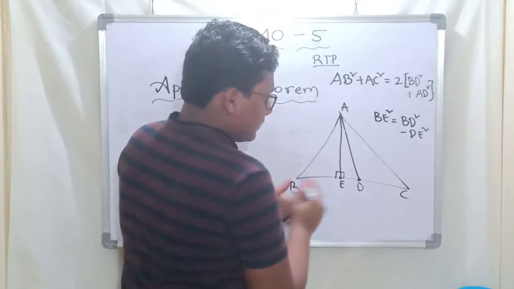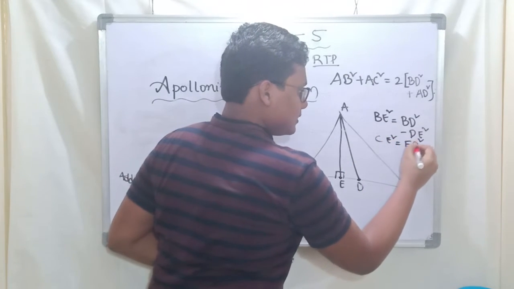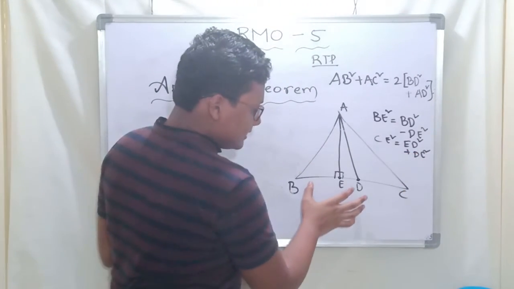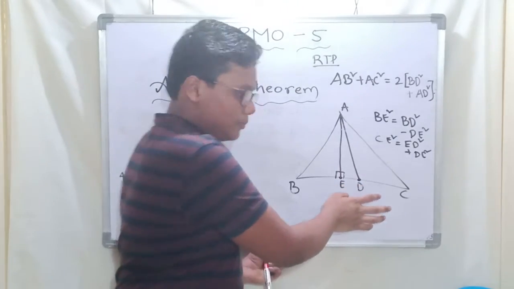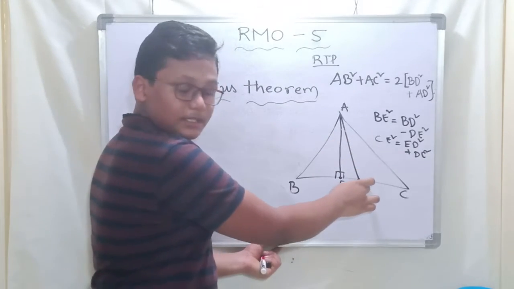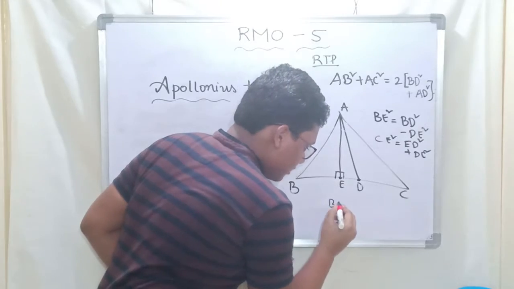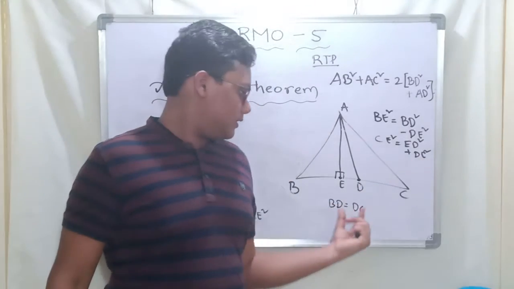AD is the median and D is the midpoint of BC, so BD is equal to DC. We can substitute this in there.